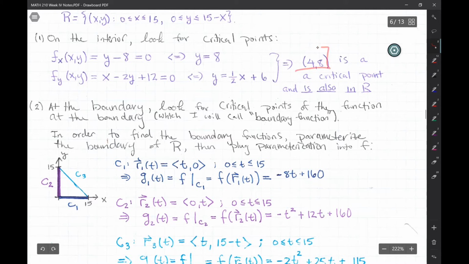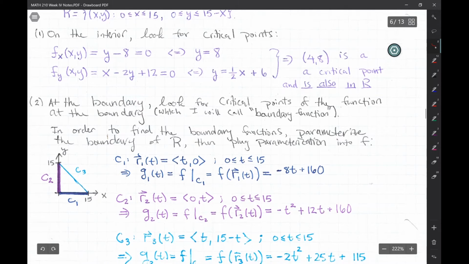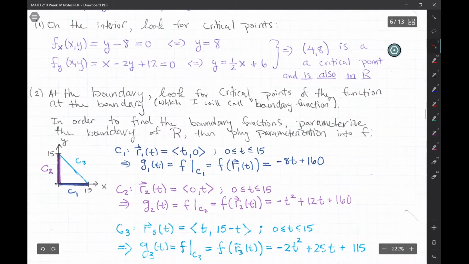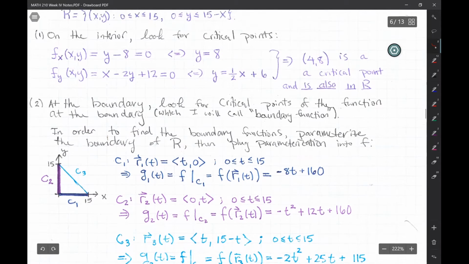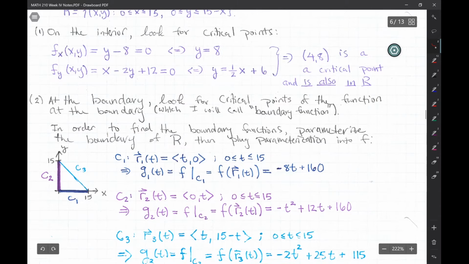So the critical point is (4, 8). That's a critical point. No need to try to classify it here. We're looking for the absolute extrema, so we're just going to plug the critical points into the function and compare all the values at the points we are considering.